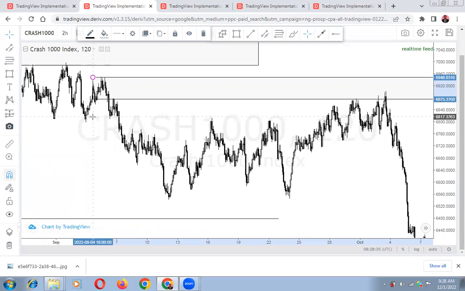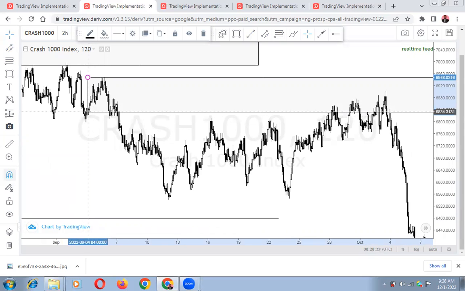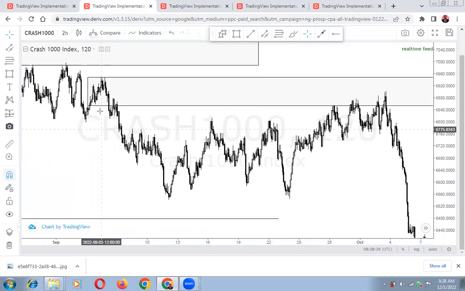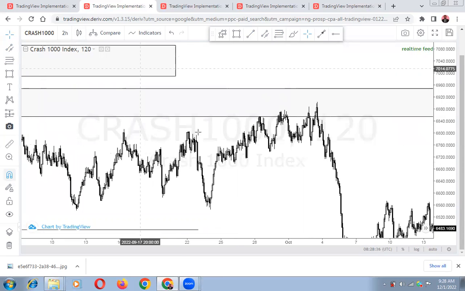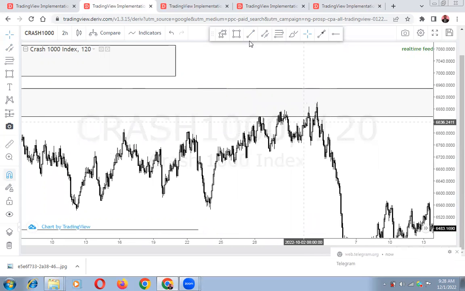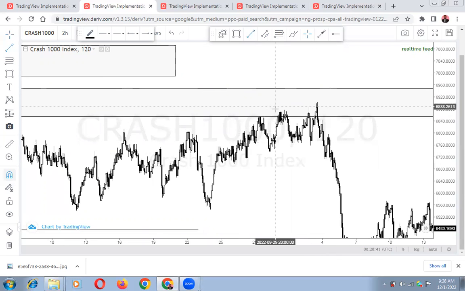If I take it from here, somewhere around here, this was the cube. Price came, gave us this cube. And what did price do? On lower time frame, these 2 hours now, price came into that place and distributed. And as I said, you will have the same movement.